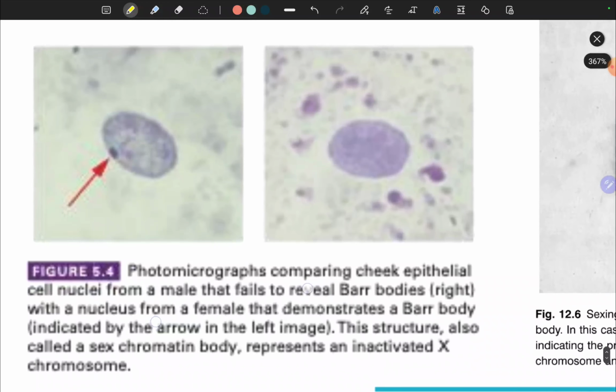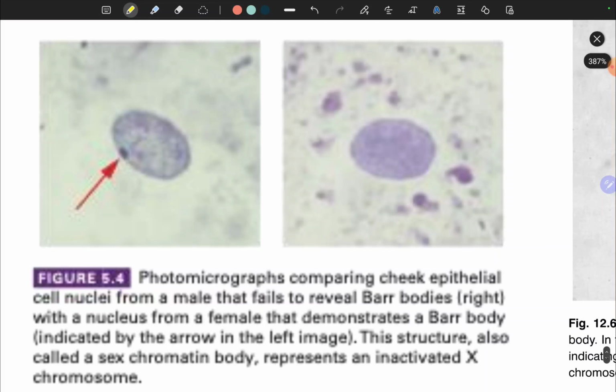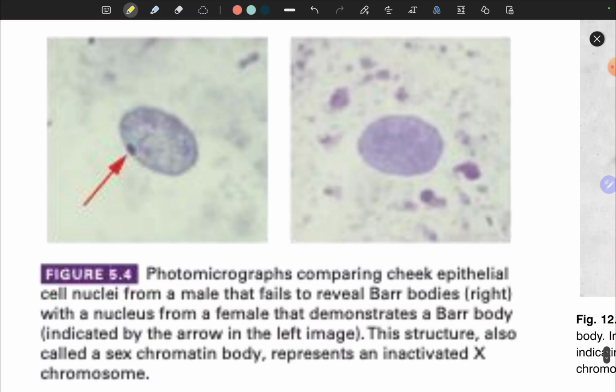Barr bodies. So these Barr bodies, let's magnify this area. So this is the photomicrograph comparing cheek epithelial cells, cheek epithelium, from male that failed to reveal Barr body to the right with a nucleus from the female that shows a Barr body.